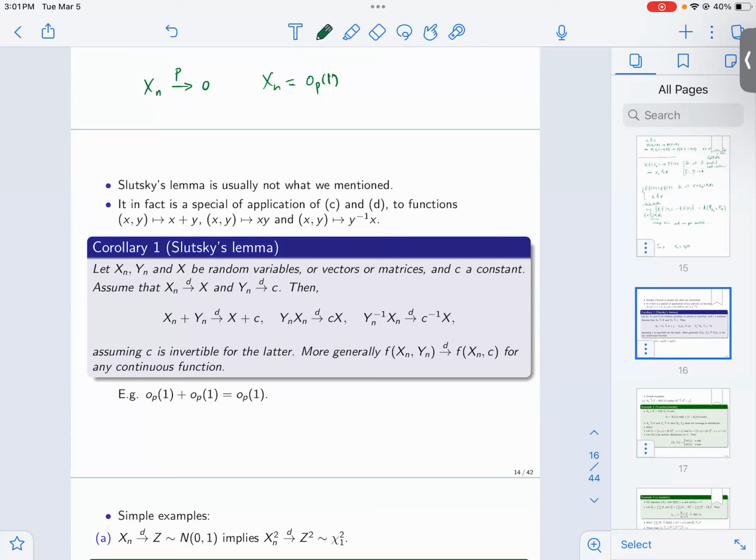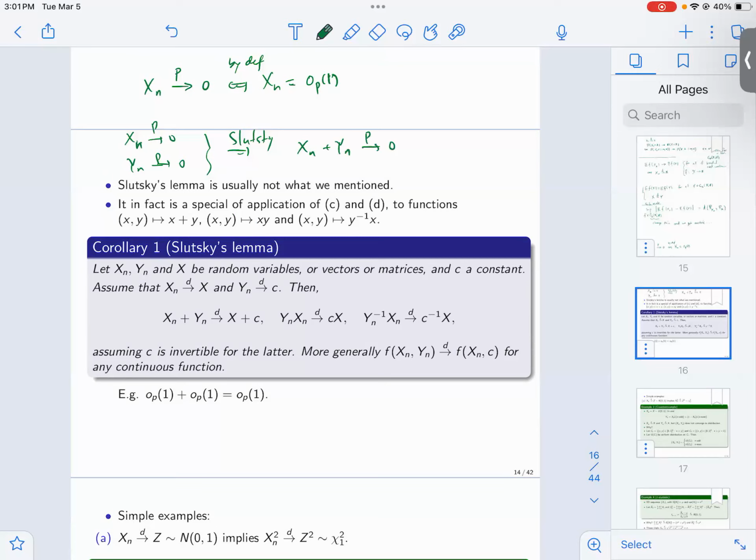So for example, if Xn converges in probability to 0 and Yn converges in probability to 0, then by Slutsky, Xn plus Yn converges in probability to 0.